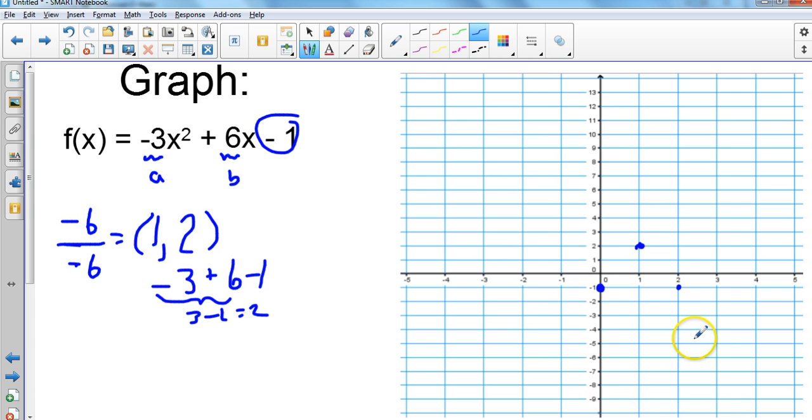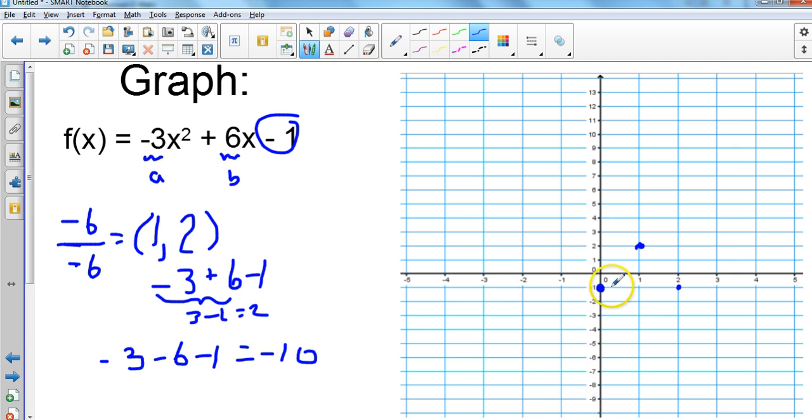And so we have 3 out of our 7 points that we need to graph, so let's plug in some other values, like negative 1. If we put in a negative 1, this becomes negative 1 squared, which is 1. 1 times negative 3 is still negative 3. But now we have 6 times negative 1, which makes us subtract 6, and then we subtract 1 more, which simplifies to negative 10.